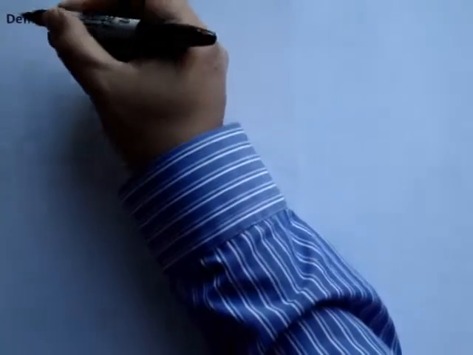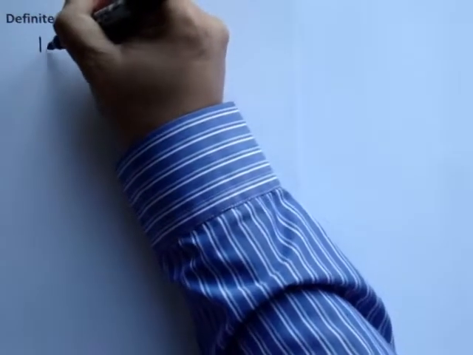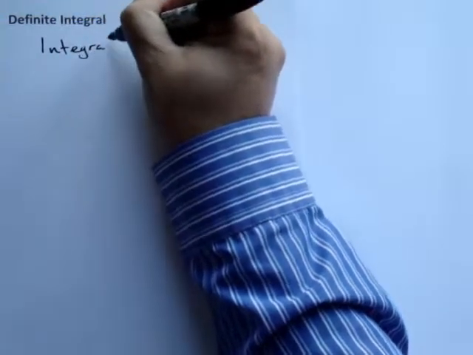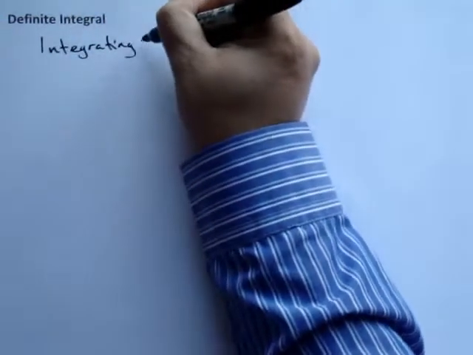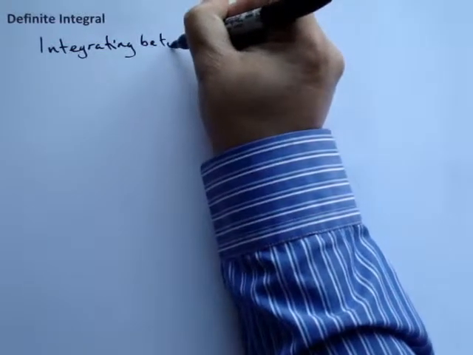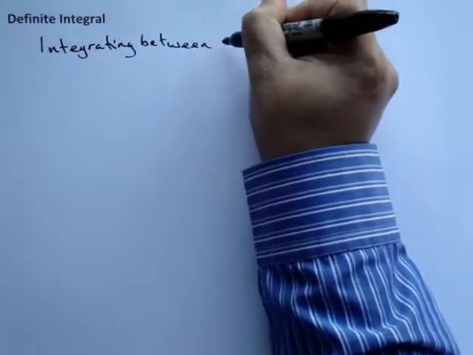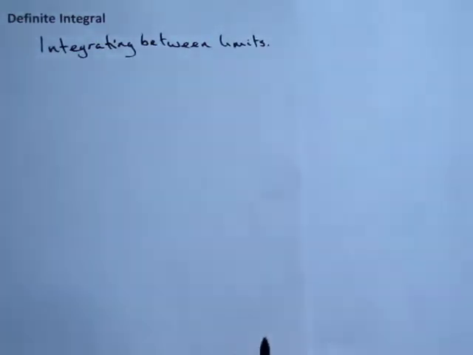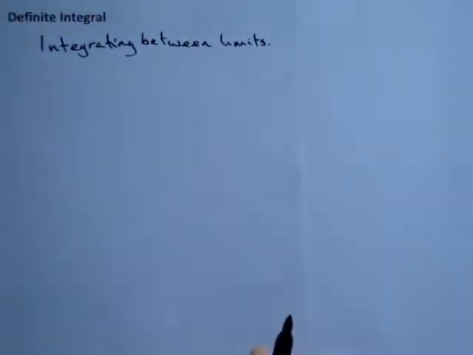Here what we do is we're integrating between limits and applying this to areas under graphs.